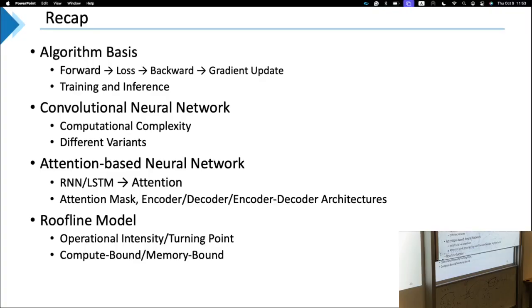The flop counts will be part of your tutorial questions also. Then we introduced convolutional neural networks and attention-based neural networks. The recurrent neural network was just one motivating example in this lecture. The key focus will be attention-based neural networks, and please remember that in the real exam, we will mainly focus on attention-based neural networks.